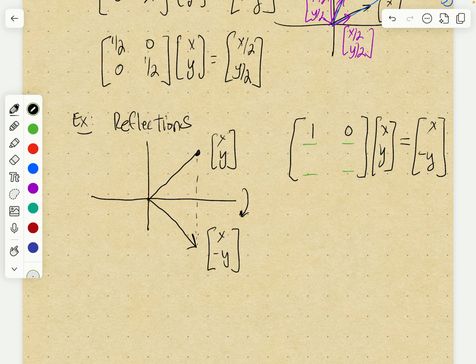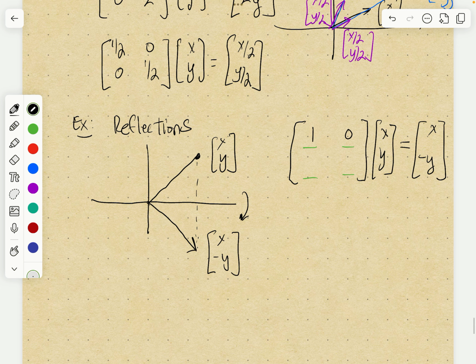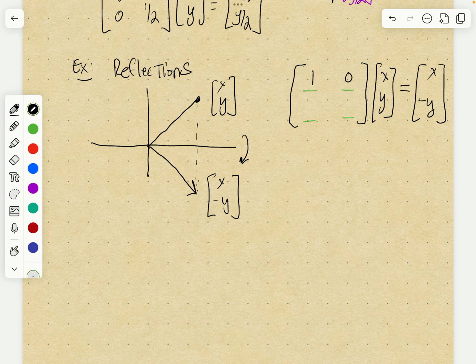Because if you did 1, 0 times (x, y), you're going to get x. Now, what would the second row be to get negative y? That's 0x plus negative 1y, right? So you're going to get 0, negative 1. So this matrix reflects about the x-axis.